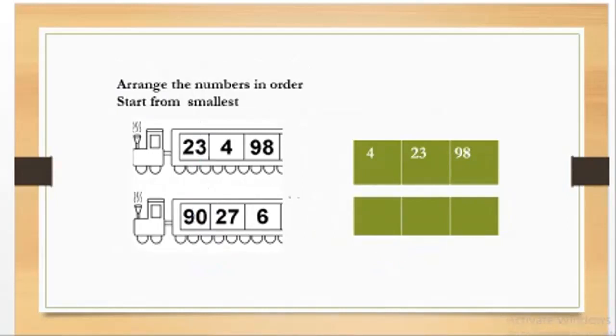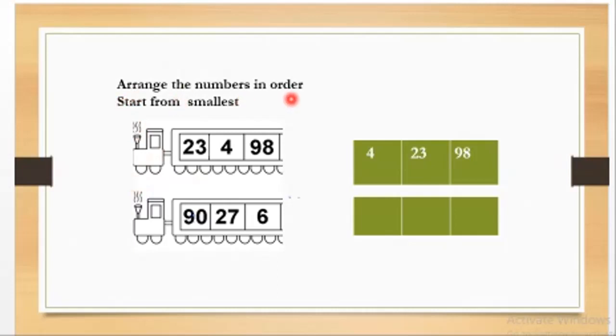So let's start it. I'm sure that you all can do it. Always read the number very carefully before solving the questions. Read the questions 2 times, and then solve the question. Arrange the numbers in order.